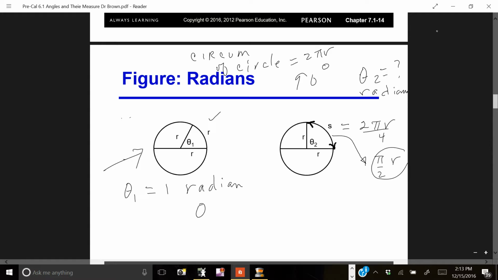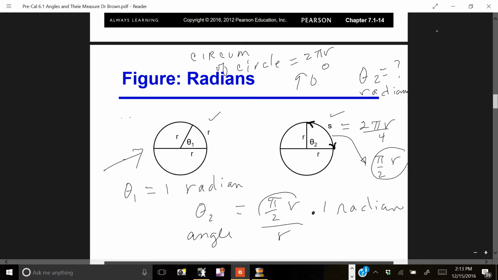So theta 2, the angle, is going to be pi over 2 times r divided by r times 1 radian. Notice that the angle here is going to be directly proportional to the arc length.